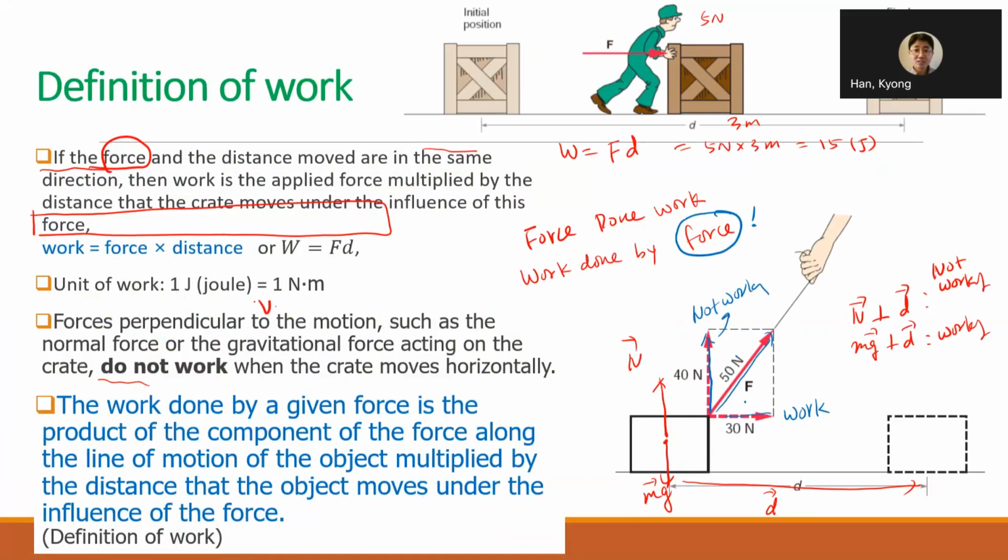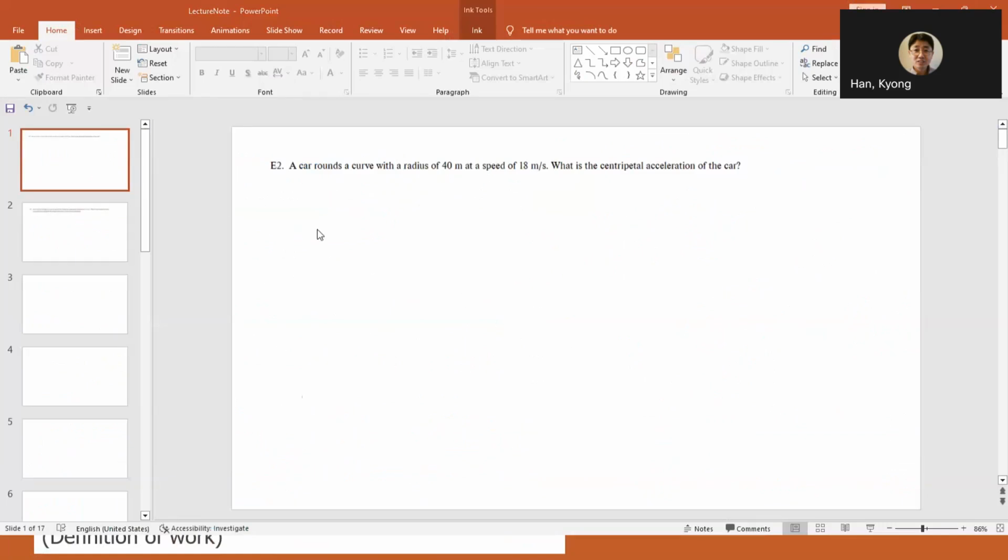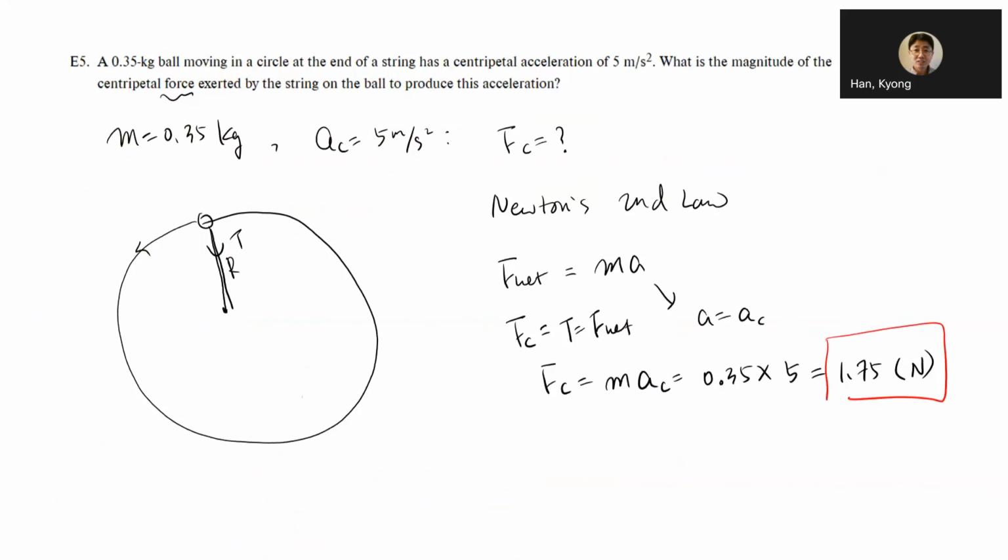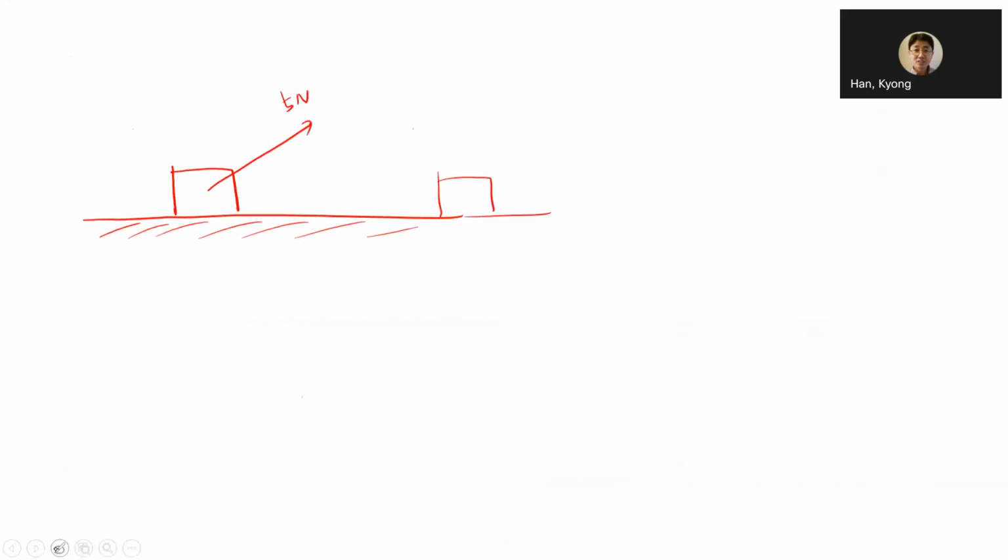Right. So you have to decompose it when you calculate the force. You apply the force here, and this creates the pulling. This may be 5 Newton, but how much did you move? Just some amount of distance, maybe 10 meters.